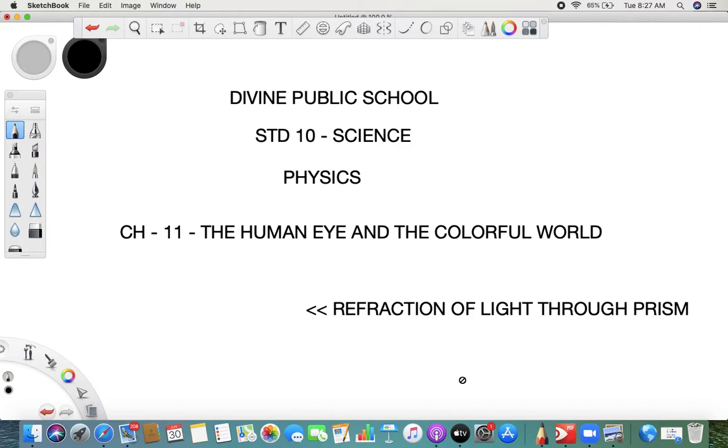That is a normal eye. But if it meets in front of the retina, that was myopia, or if it meets behind the retina, that is hypermetropia. That was an error which can be corrected with the help of lenses. Myopia can be corrected with a concave lens, and hypermetropia can be corrected with a convex lens.